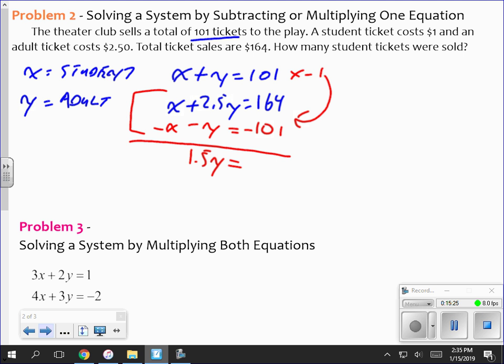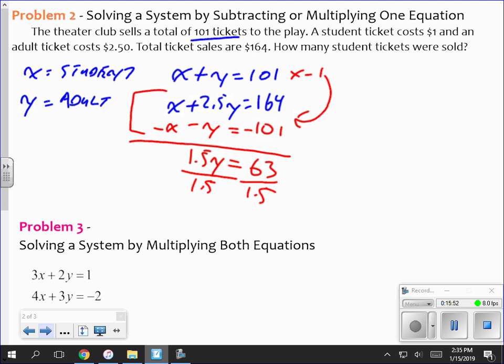1.5y equals 164 minus 101. 63. Now you divide both sides by 1.5. And I think that should be 42. I think it should be the life, universe and everything.